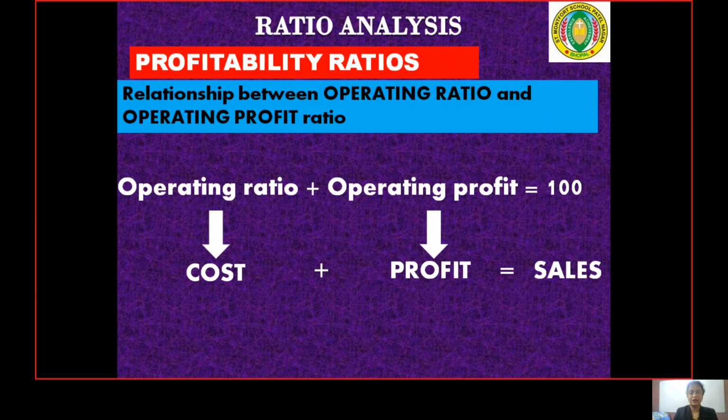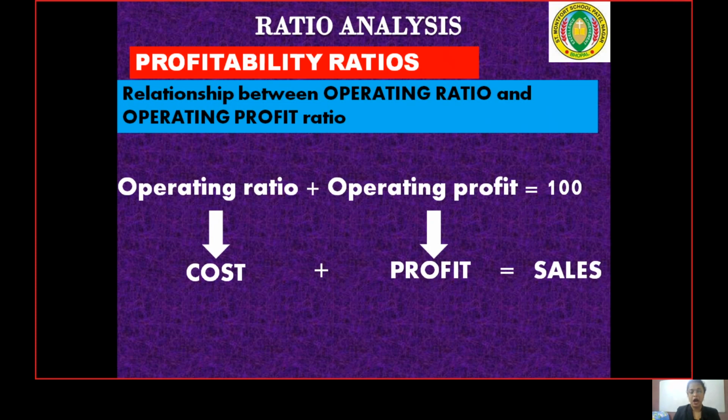Operating profit is the return after paying the cost; whatever remains will be called the profit. Both these things are included in the sales. So we can say this operating ratio and operating profit ratio are complementary to each other. The variation in one ratio will affect the other ratio.